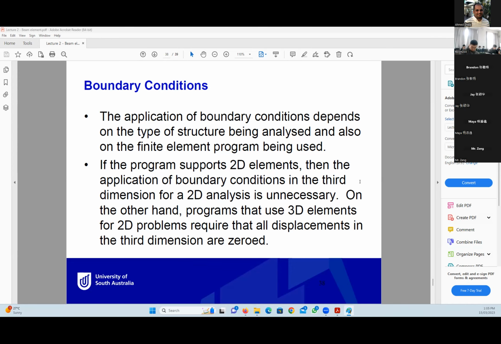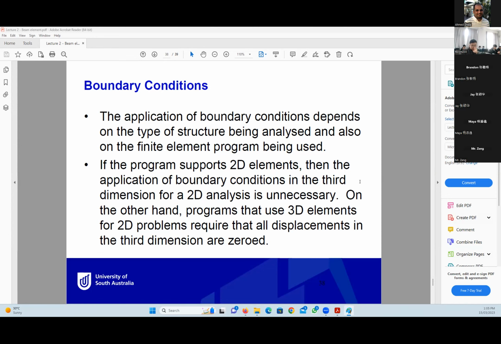So the boundary condition depends on the type of element or type of structure. Also, if the program supports 2D elements, the application of boundary conditions in the third dimension is unnecessary.